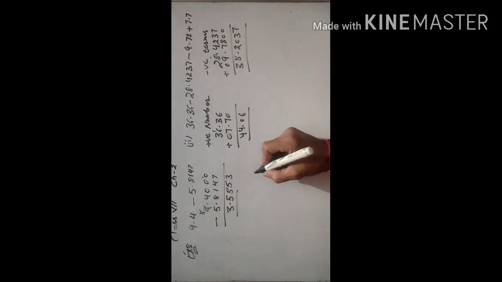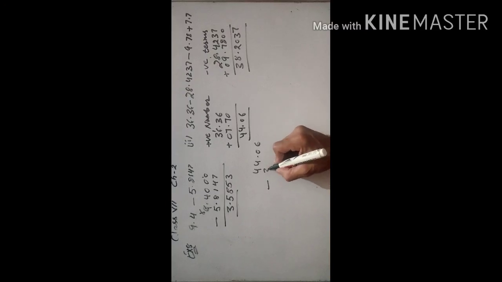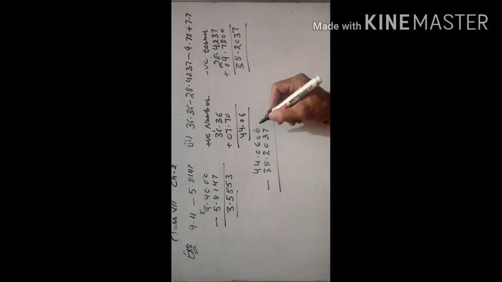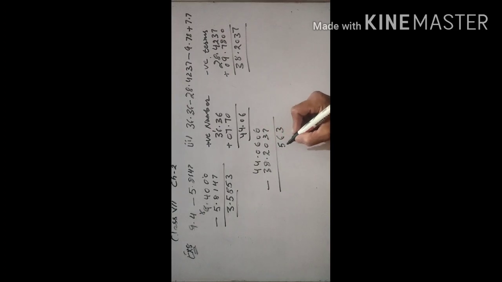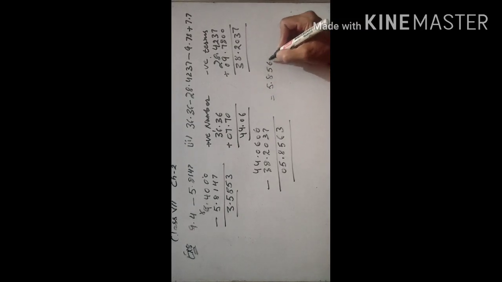Now subtract 44.06 minus 38.2037, make them like terms. 10 minus 7 is 3, 9 minus 3 is 6, 5 minus 0 is 5, 10 minus 2 is 8, and 13 minus 8 is 5, 3 minus 3 is 0. So the answer is 5.8563.